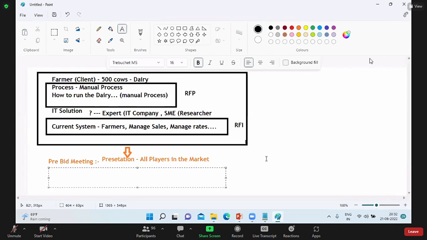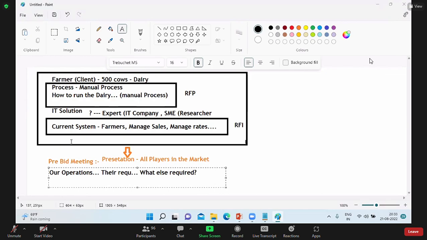They will tell about their operations, and then they tell about their requirement, and then they tell what else is required. Very clear. What else is required?